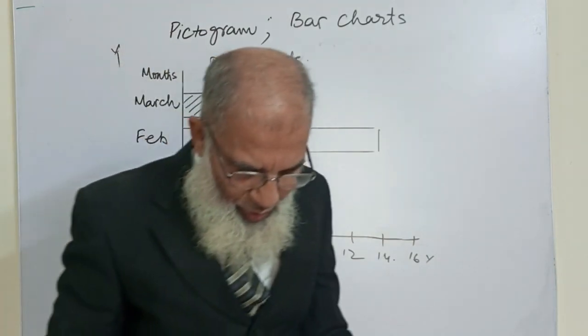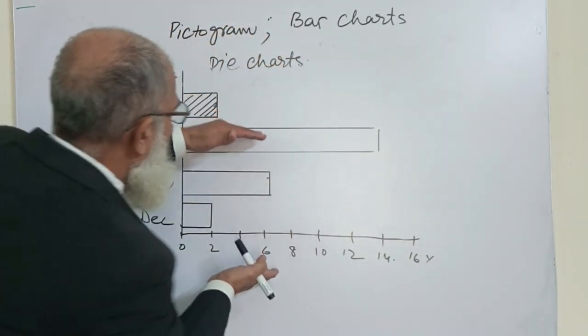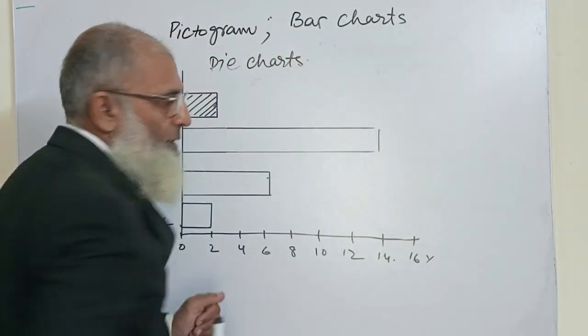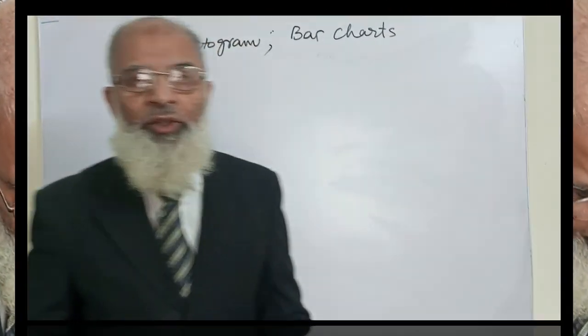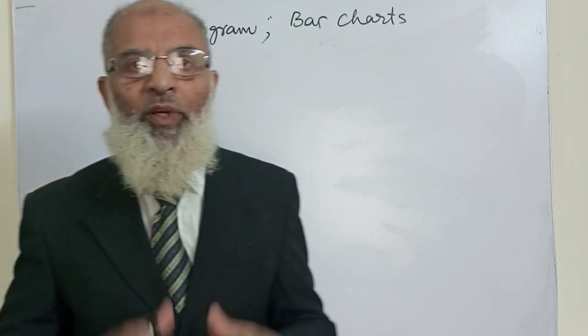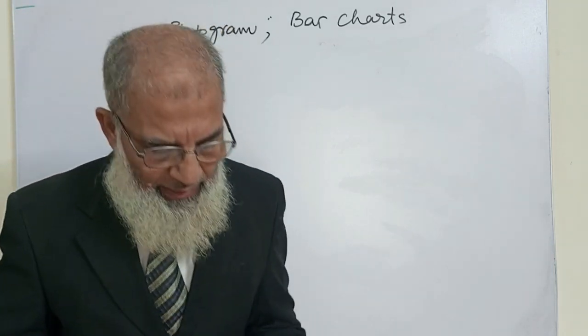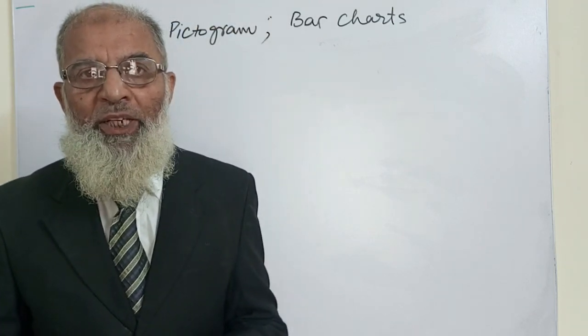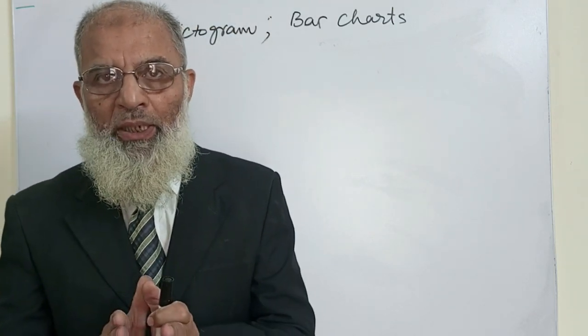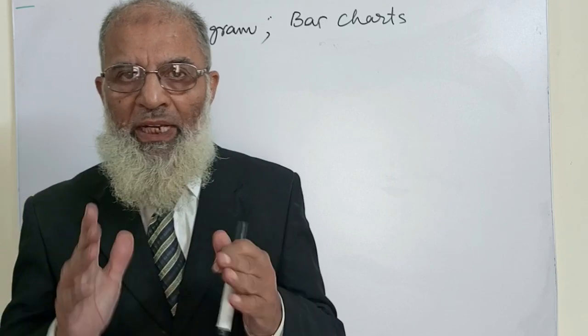So you can also make this chart in vertical position. In vertical position, it is up to you. Now there is also one type of compound bar charts. Now you can also display two or more bars on one axis.